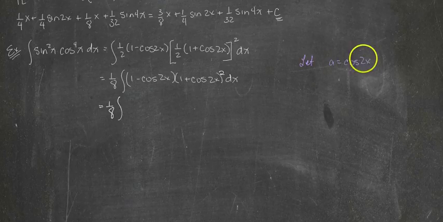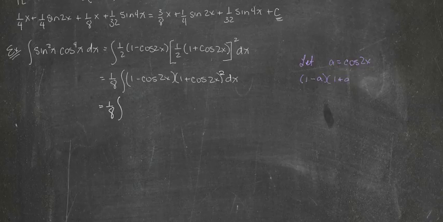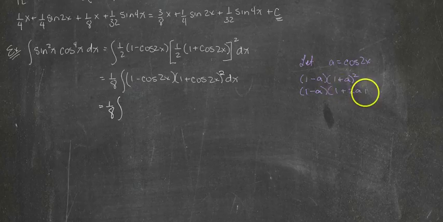Now, this is not for integration. This is for algebra. If a equals the cos of 2x, then what I'm looking at is distributing 1 minus a times 1 plus a squared. See how all I've done is rewritten this in a way that's much more manageable, much less likely to make a bunch of mistakes. First, I want to distribute this. So I have 1 minus a times 1 plus 2a plus a squared.